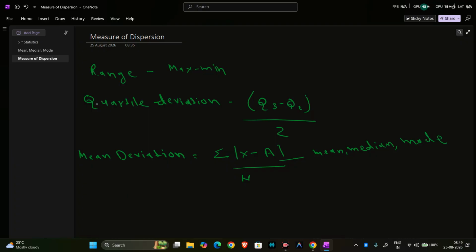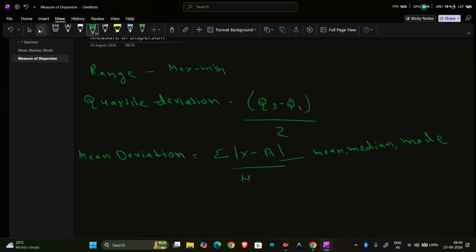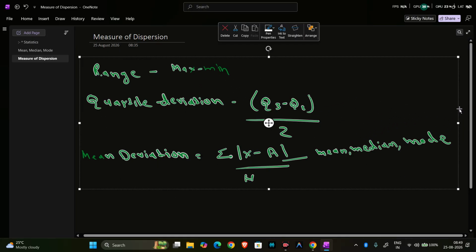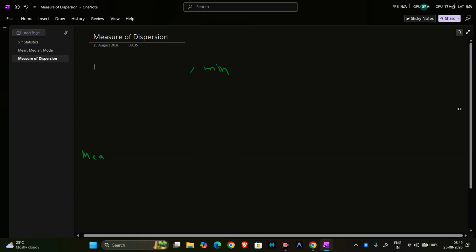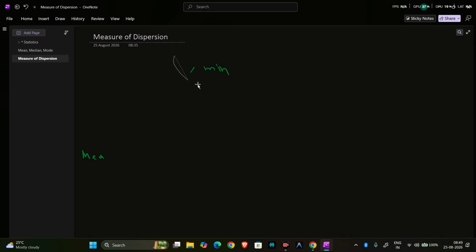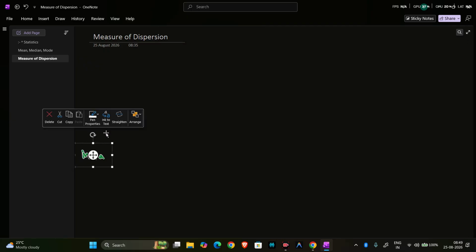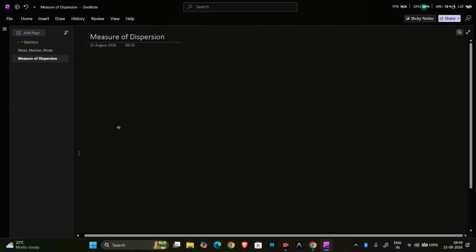So these three are the types that you can learn if you want to. Next we will continue with the variance first. So what is the variance?